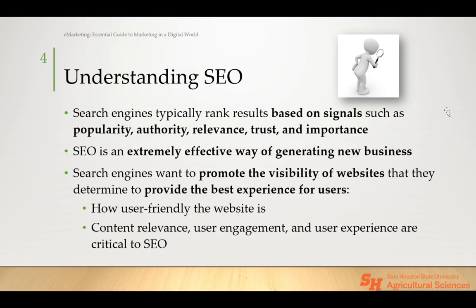Search engines want to promote the visibility of the websites that they determine to provide the best experience for users. That would include things like how user-friendly the website is, but also content relevance, user engagement, and user experience are also critical elements when considering SEO.